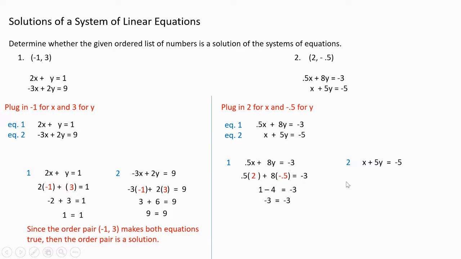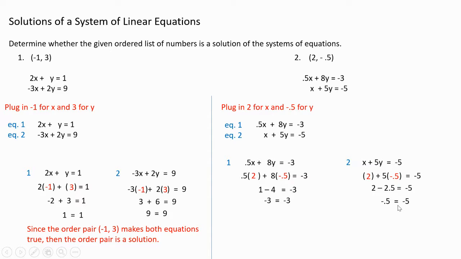Now we have to try equation number 2. So I'm going to plug in 2 for x and -0.5 for y. If we notice, 5 times -0.5 is going to give us -2.5. 2 minus 2.5 gives us -0.5.